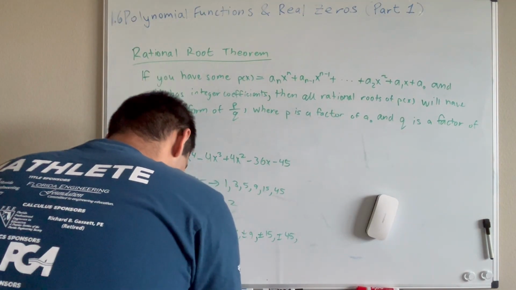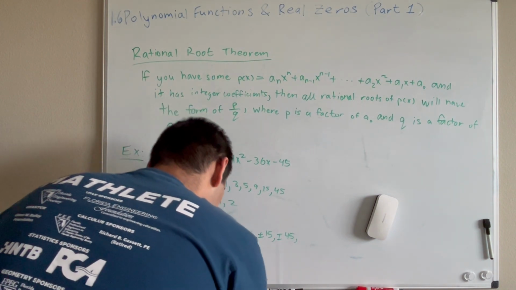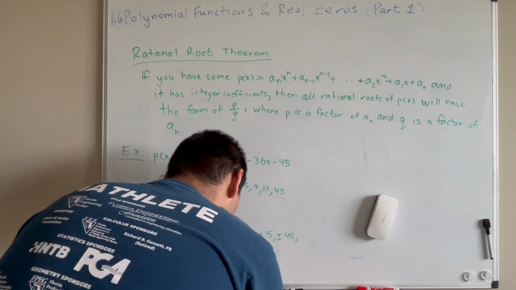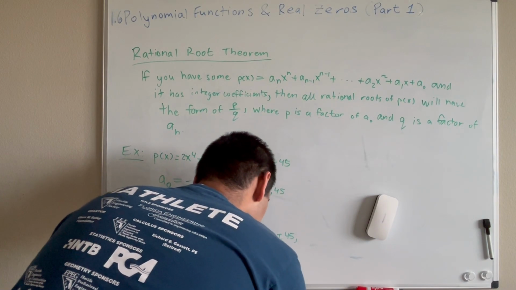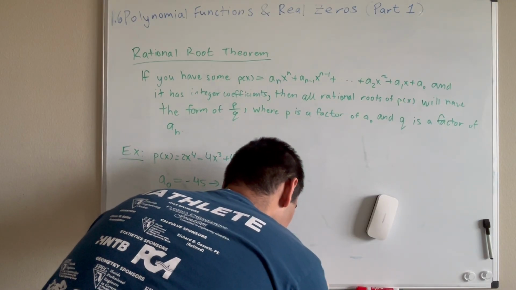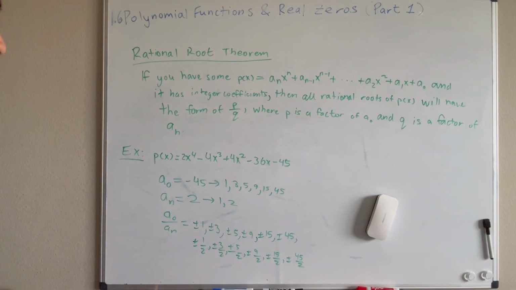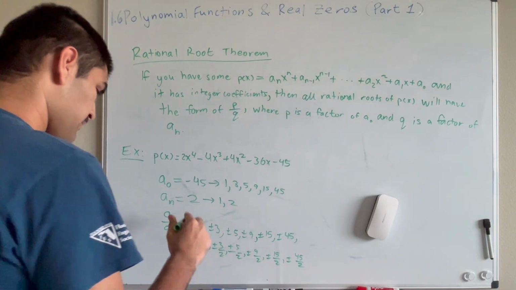So you get plus or minus 1 half, plus or minus 3 halves, plus or minus 5 halves, plus or minus 9 halves, plus or minus 15 halves, and plus or minus 45 halves. So this just shows how there can definitely be a lot of different possibilities.